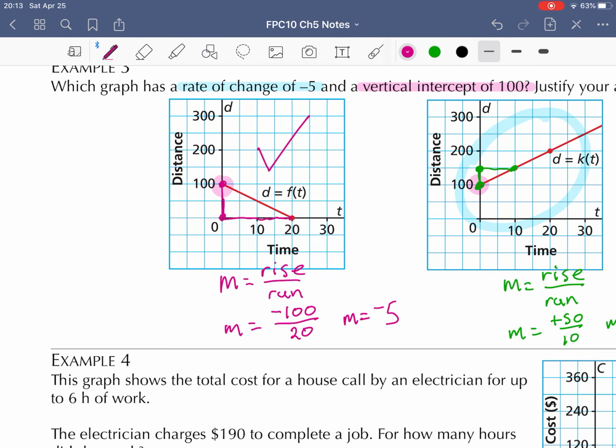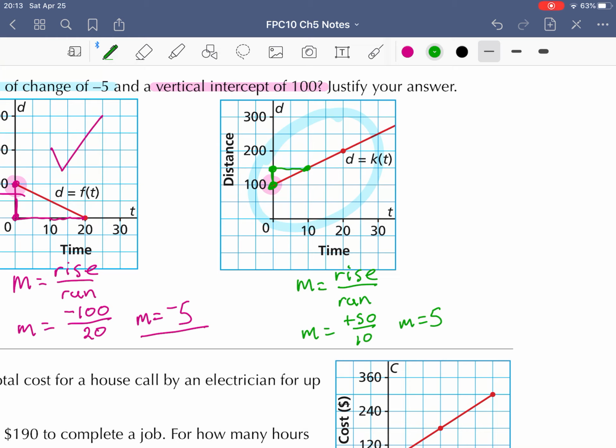Now, just for a little bit extra, let's write down the equations that would represent these lines. So let's write down the equation that represents this line, y equals mx plus b form. We're going to use our slope and our intercept. So y equals mx plus b. M being -5, y equals -5x, and b is 100, plus 100.